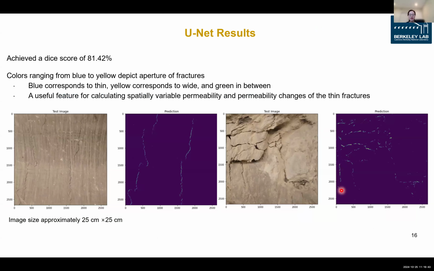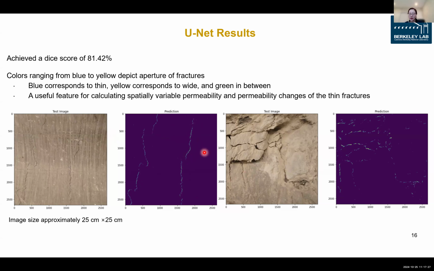Now, let me quickly show some results. We use the Dice score to tell the accuracy of the model. Usually, depending on the types of applications we have, 70% is good and 80% is great. The result of using UNet to recognize individual fractures from these very small images is good. In addition, we are also able to use different colors to represent apertures of the fracture. Sorry, the image may not be the most clear. The blue represents the thinner fractures, yellow corresponds to the wider ones, and gray is in between.